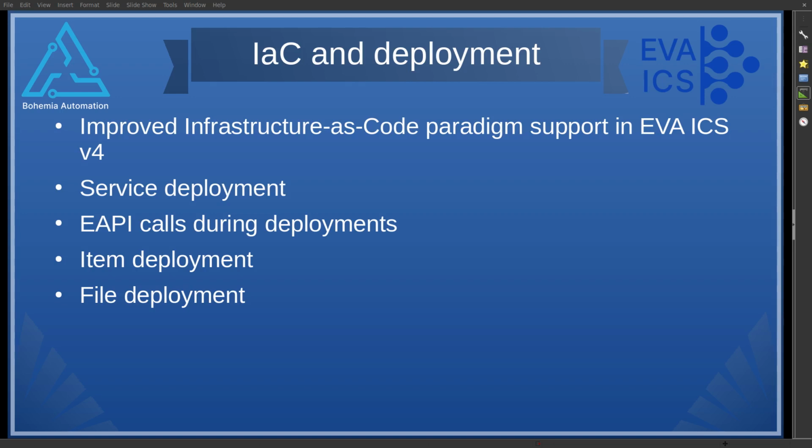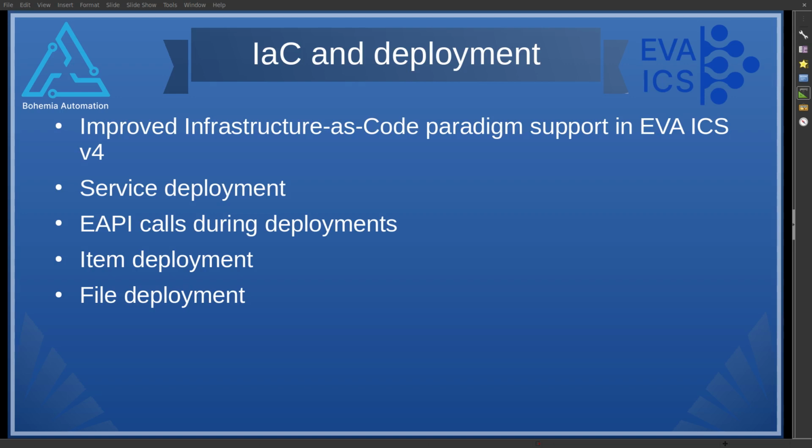Deployment. We continue improving infrastructure as code in EVA ICS version 4. The new version 4 deployment system is simpler than version 3 had, but is much more flexible. It can create items and upload files to the local or remote nodes, but it also can use the full power of the EVA ICS API and communicate with any service.